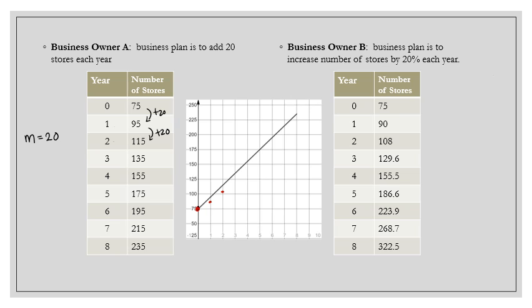Year 4 is where we said they were pretty even. Then year 5, 186. So that's where business owner B really pulls ahead.